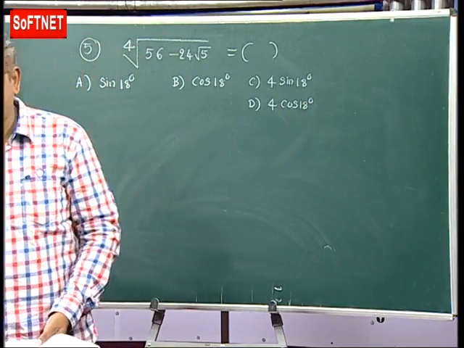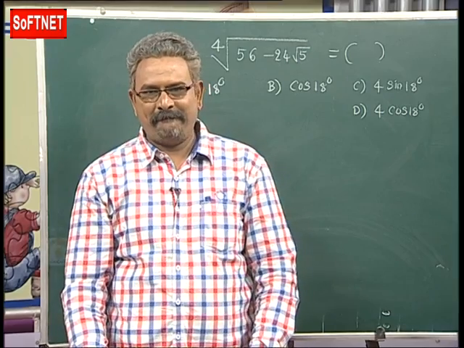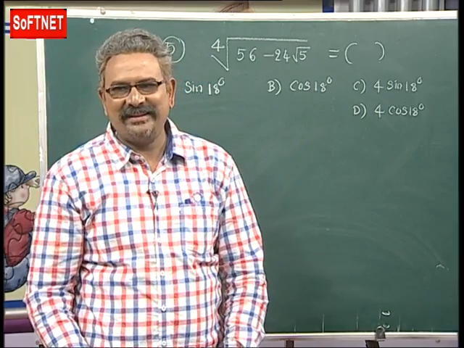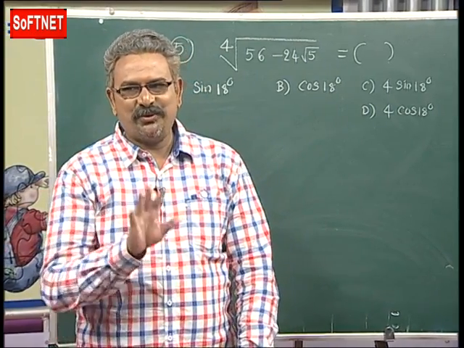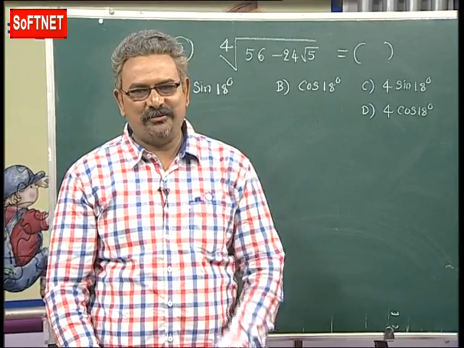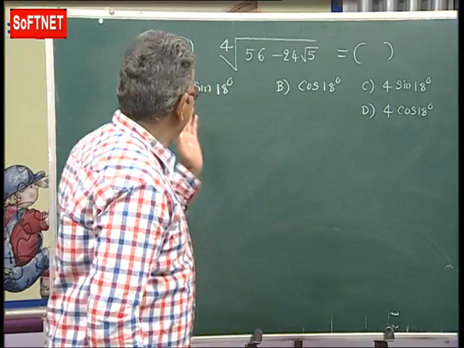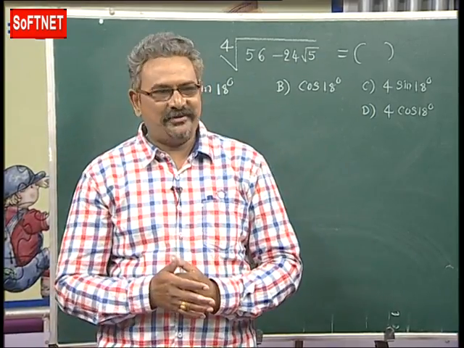Very interesting question. See, in this problem once again, just check the options. Yes, the problem is fourth root, not square root or cube root. This is a fourth root problem. As well, if you just see the options, the options are related to trigonometric values.